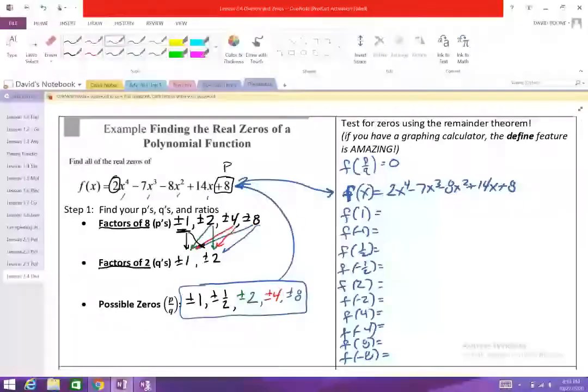Well, what we can do with this problem is help narrow some of these answers down. And that's how we can do this, by using a calculator. I can show you that here in just a second too.